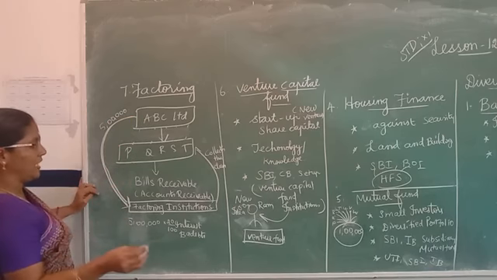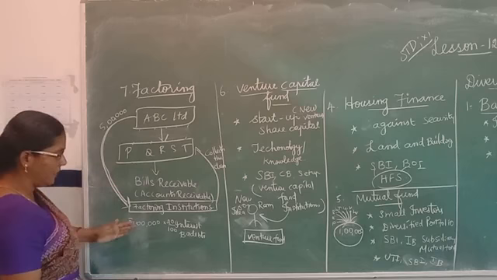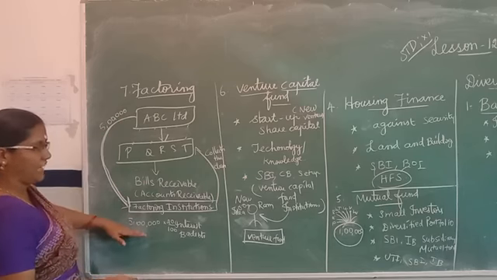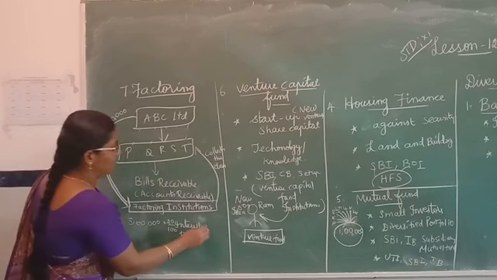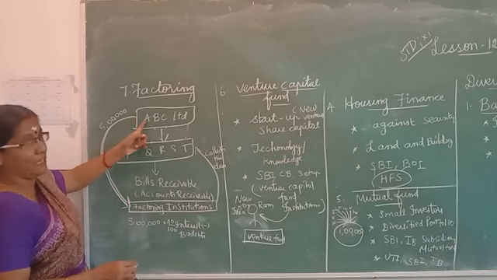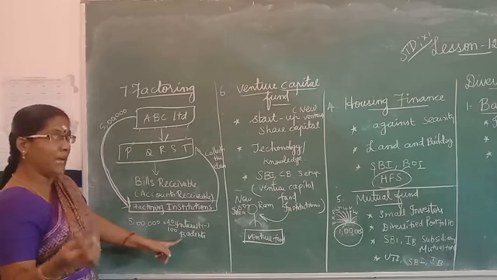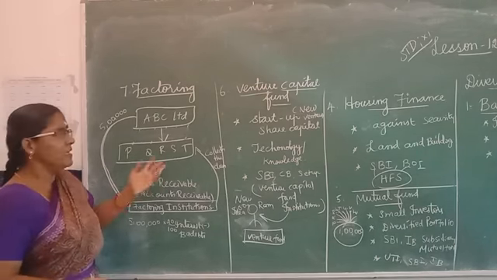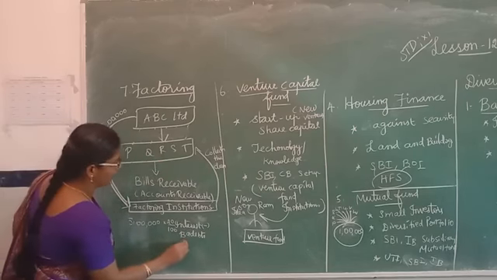So what will the factoring institution do? It gets the bills. For example, ABC Limited is giving 5 lakh rupees. The factoring institution will deduct the interest, since they are paying the money 3 months before, for rotation of the business. Then it will deduct for bad debts, in case any party becomes a bad debt, so they make a provision. And also meager service charges.